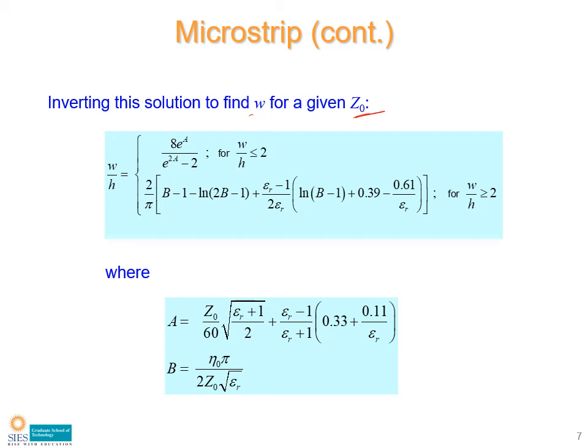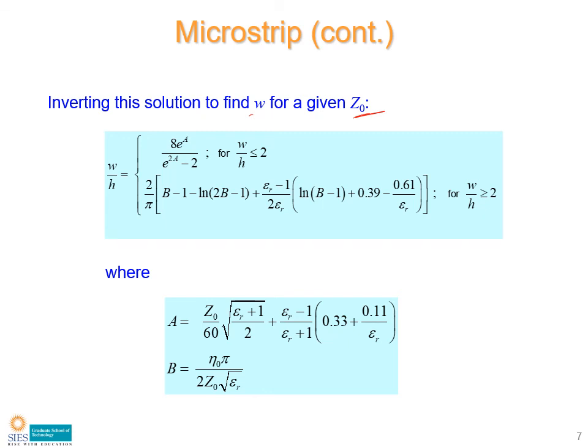And what is B? B is equal to eta naught pi upon twice Z0 into under root of epsilon r. So now you will say that we are already assuming some value of W by H, and then finding the remaining values. How is it possible? Because whenever we are finding W, we have to think about a hypothesis.